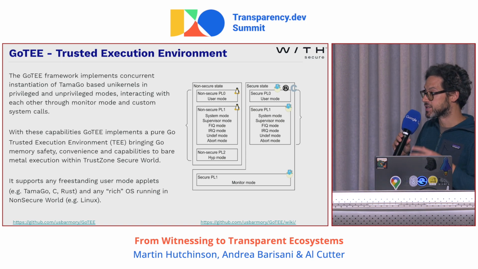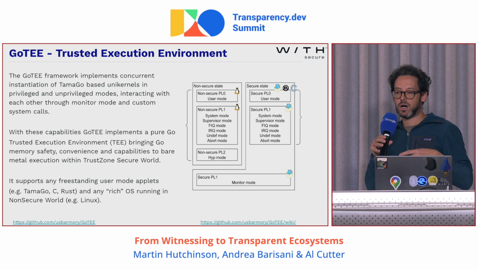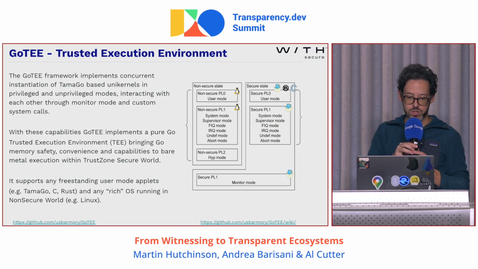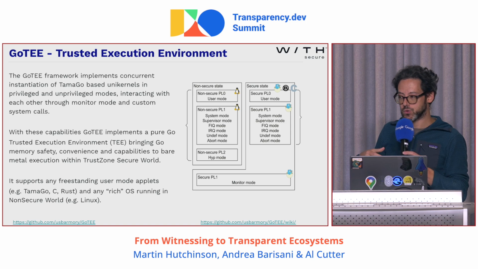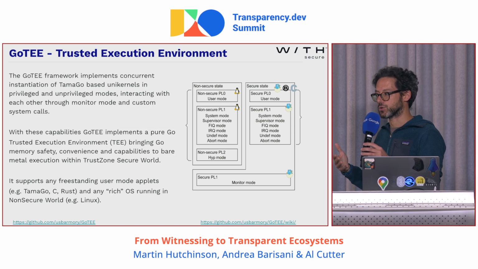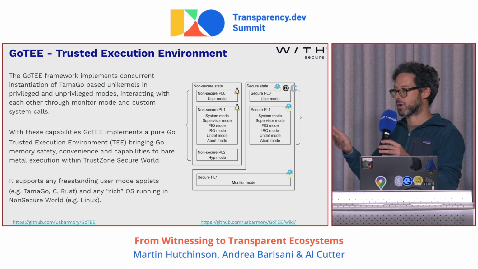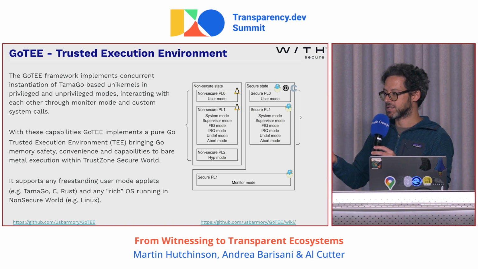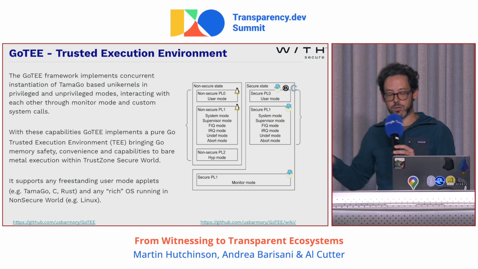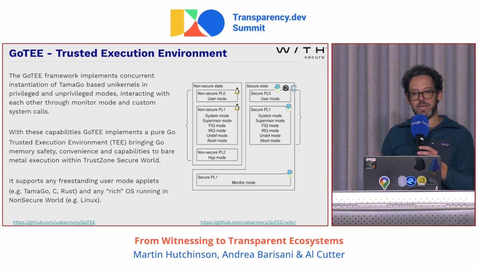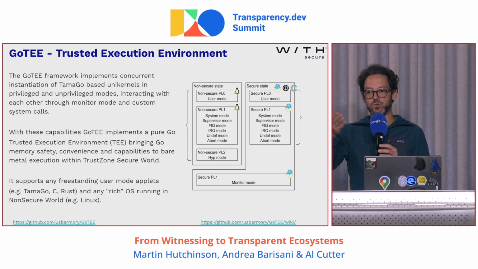So we created a trusted execution environment entirely also with this framework, which is called GoTEE, which allows us to supervise and monitor applets or even operating systems such as Linux, or applets written in bare metal C, bare metal Rust, or bare metal Go, and to give them an API that allows them, for instance, to do key derivation.